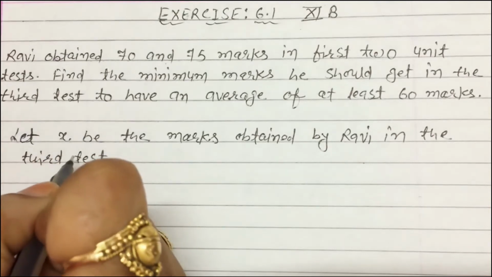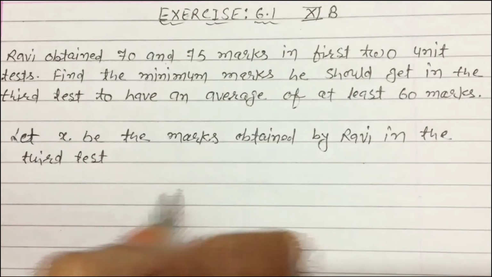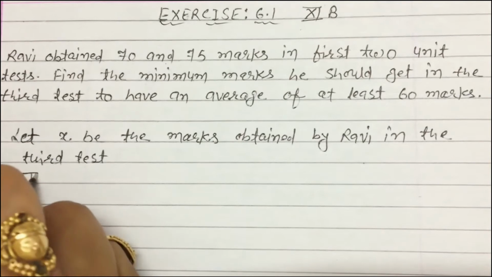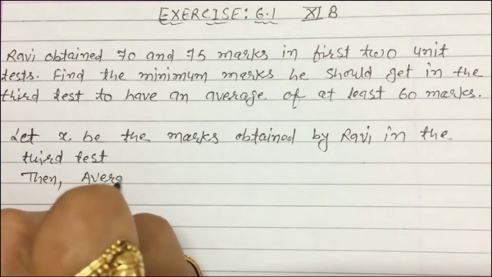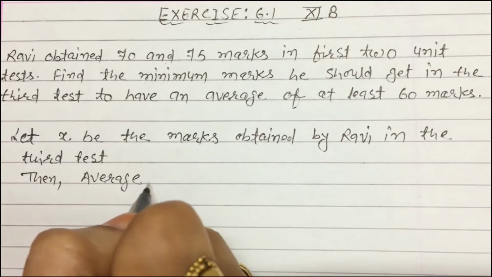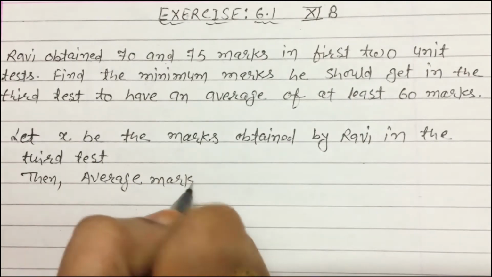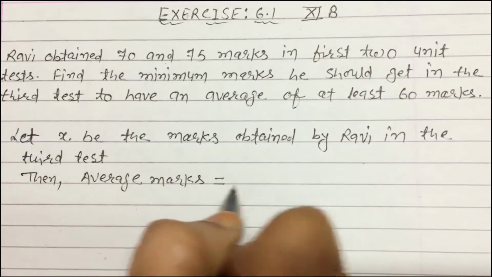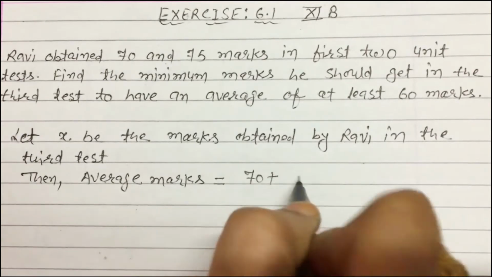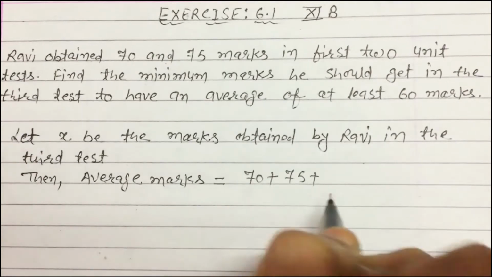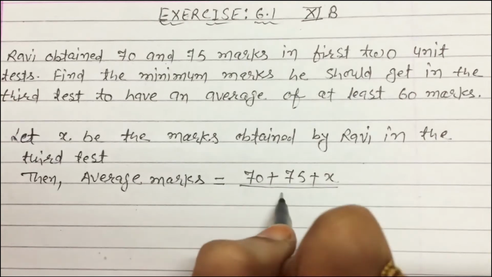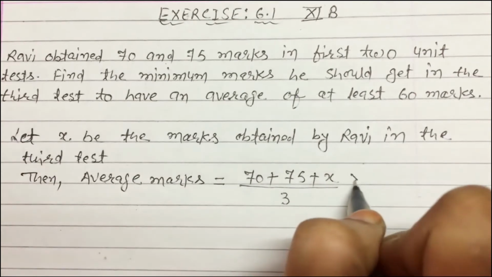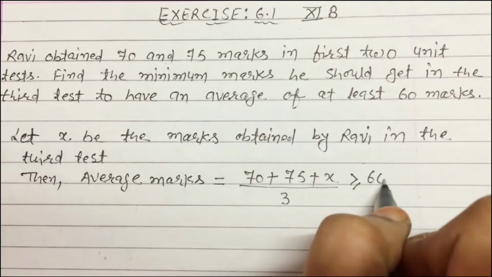Here it is given that the average of these 3 tests' marks is (70 plus 75 plus X) divided by 3 greater than or equal to 60.